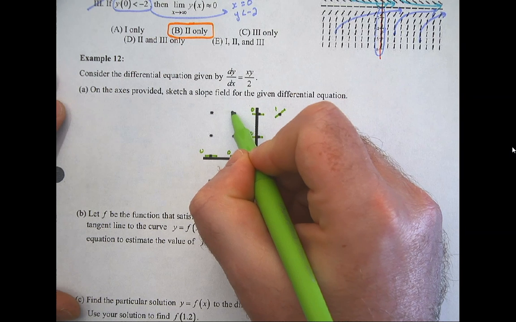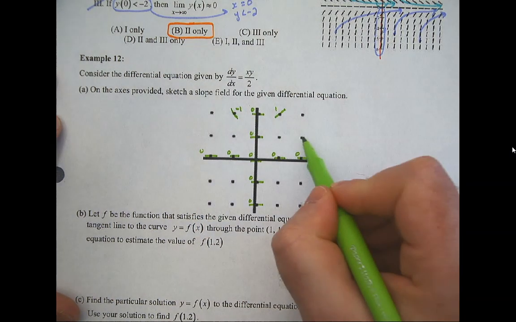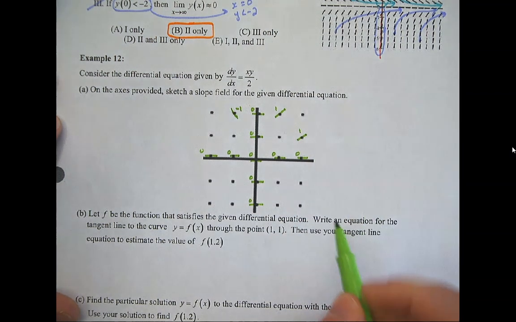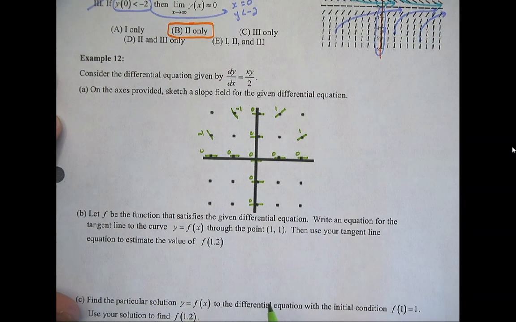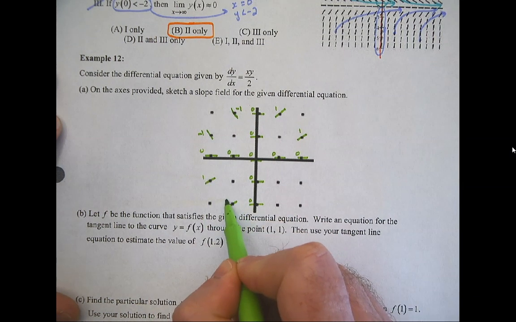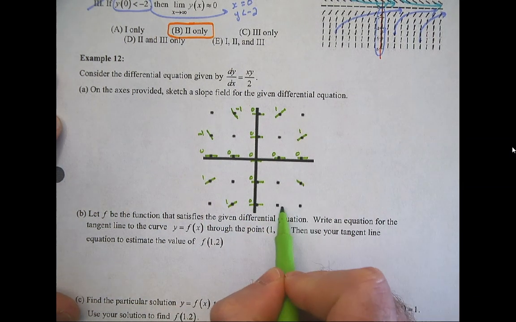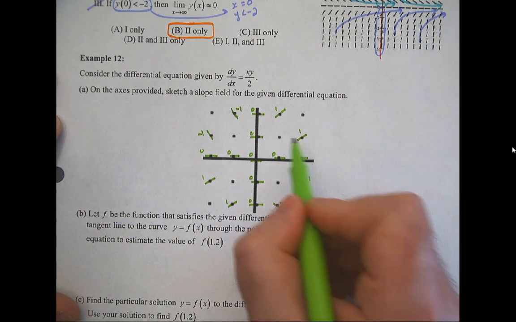This is a slope of negative 1. This is a slope of 1. This is a slope of negative 1. Down here, these are slopes of 1. These are slopes of negative 1. This is a slope of a half.